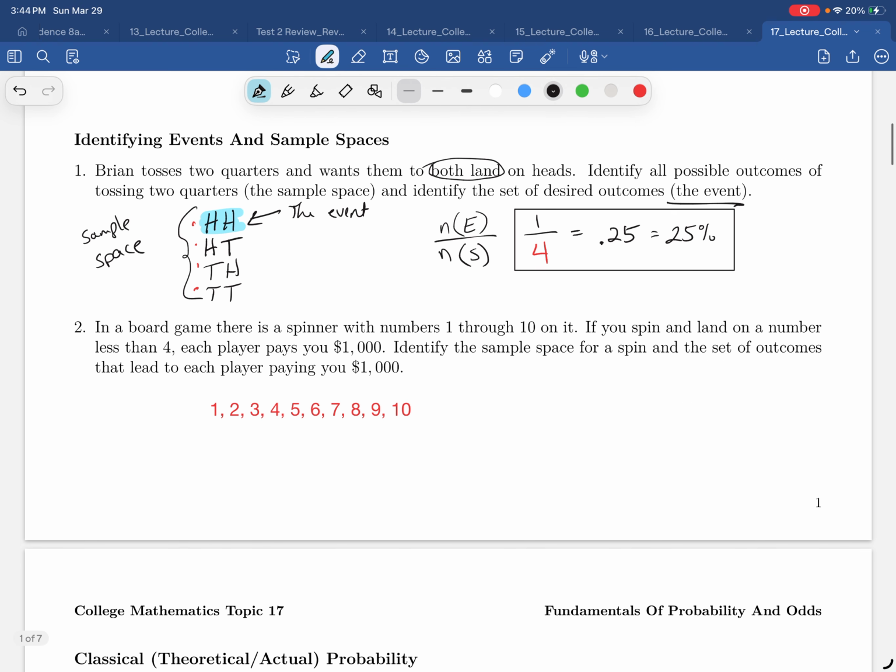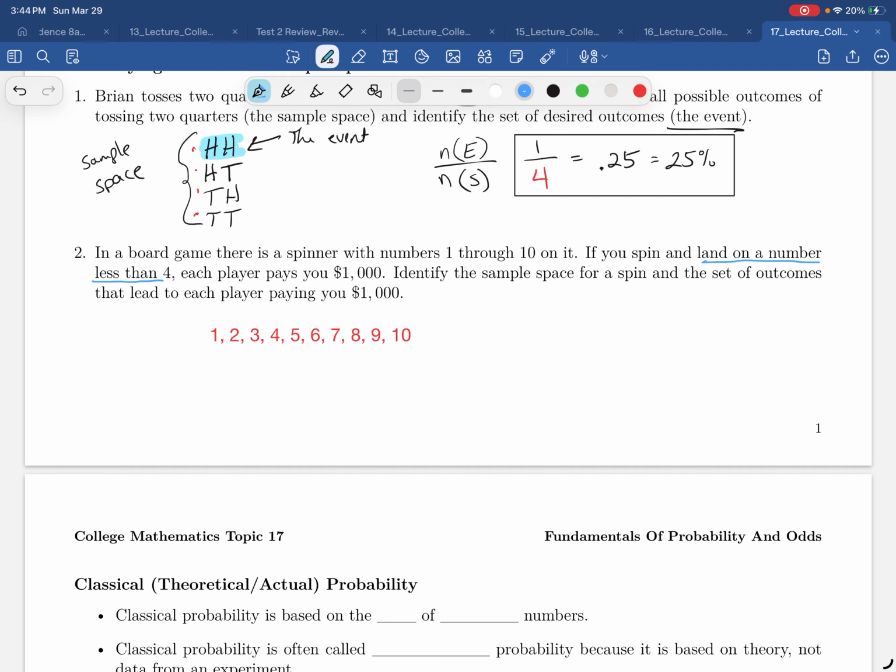Well, I have here, kind of like a spinner, I just made a list so that we could easily identify when we win. It says that we win, or each player pays us, if you land on a number less than 4. Notice that it's less than 4, not less than or equal to 4, so not that. In other words, over here, these are the wins, and everything else, this would be where you lose.